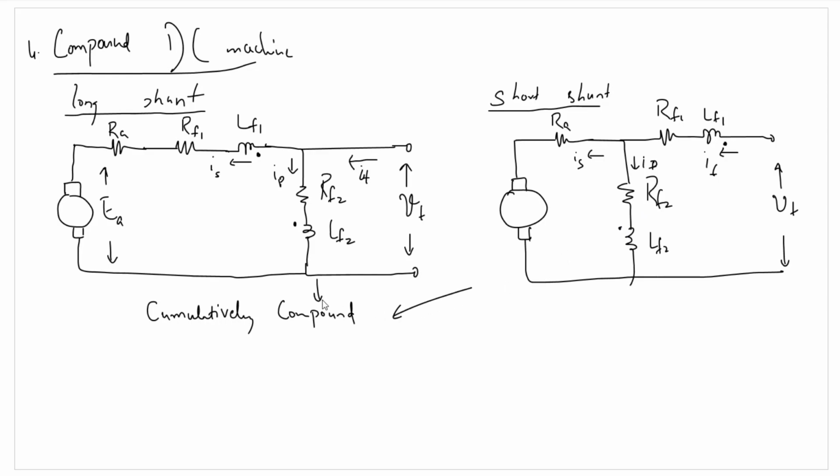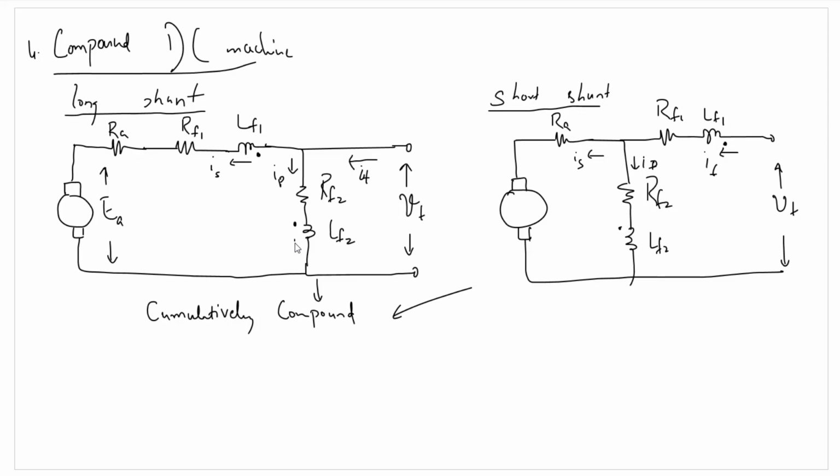One thing is long shunt and short shunt, that actually denotes how the windings are connected with respect to the armature. If it is first shunt and then series, or first series then shunt. And in another case, we also need to note the manner in which the windings are wound. If the magnetomotive force produced by the field windings is adding up because of the shunt winding as well as of the series winding, it will be known as cumulatively compound.